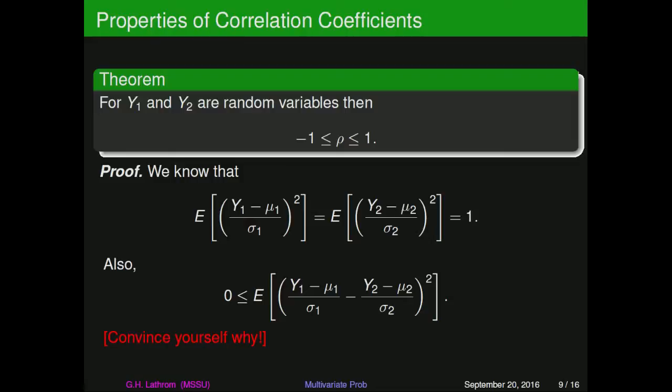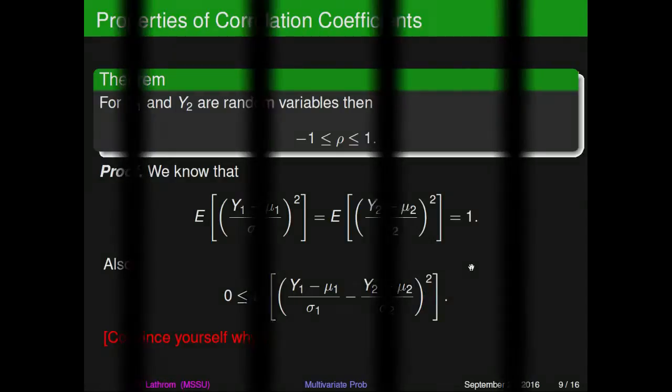You're integrating or summing a product of things. I know my probabilities are always positive, and if it's squared, I know something about the sign of those values, so you can convince yourself that this would necessarily be a true statement.